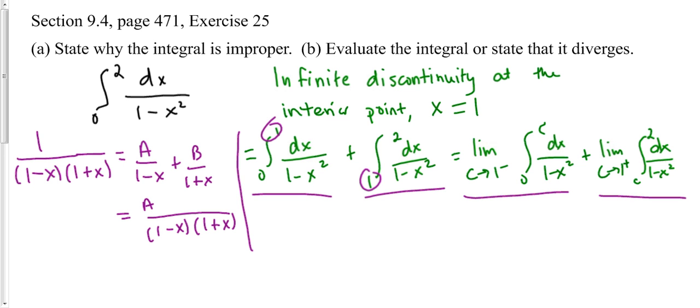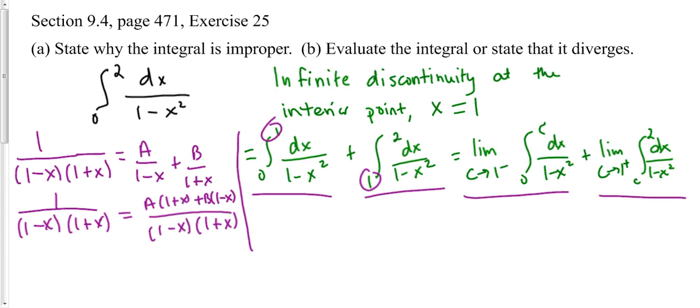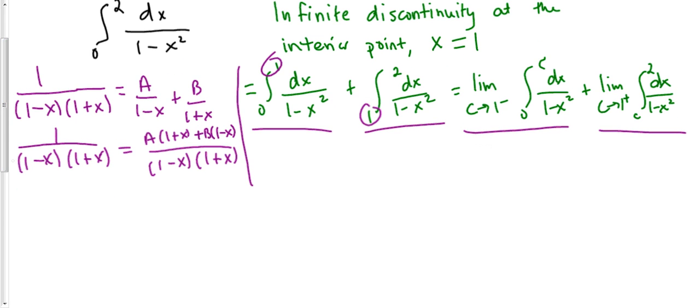That gives me A times 1 plus x plus B times 1 minus x, and I'm still going to have 1 over 1 minus x times 1 plus x. Because the denominators are equal, the numerators have to be equal as well. So I'm going to have 1 equals A times 1 plus x plus B times 1 minus x.